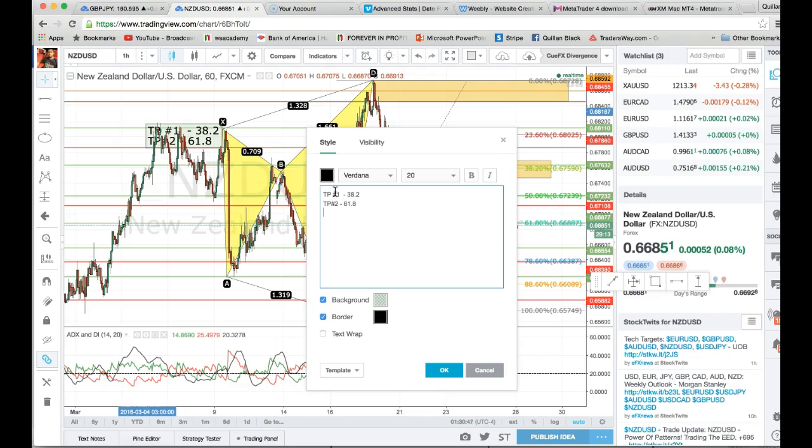These are all PRZ level TPs, guys. TP3 would be at 78.6. TP4 would be at 88.6. That is your maximum TP level.